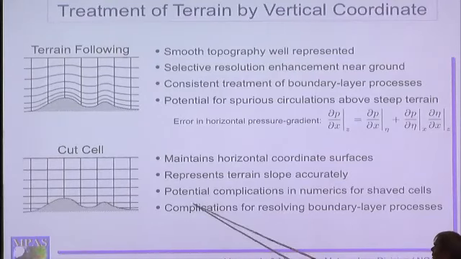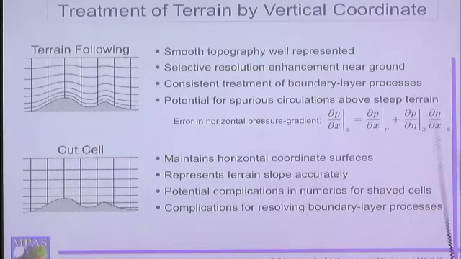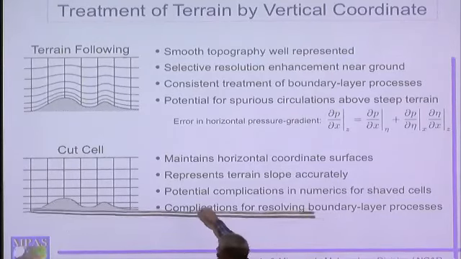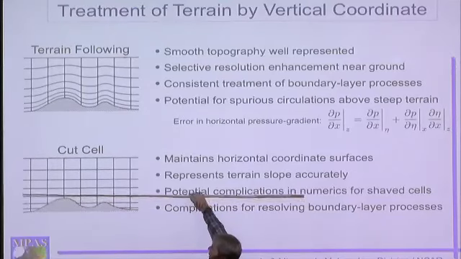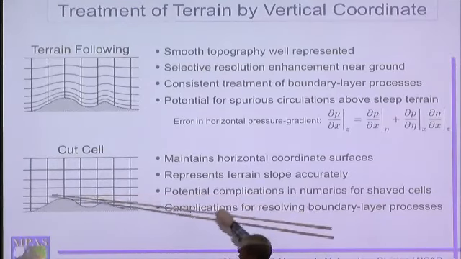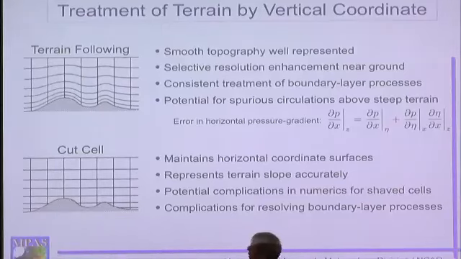And also, it's a more complicated issue for resolving boundary layer processes, in that since the coordinate surfaces are horizontal, if you have a stretched grid, you may have a lot coarser grid above high mountains than you do over low terrain. And so you need to have ways to deal with that.